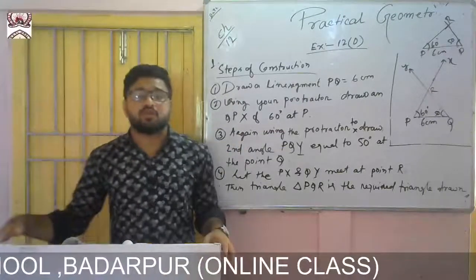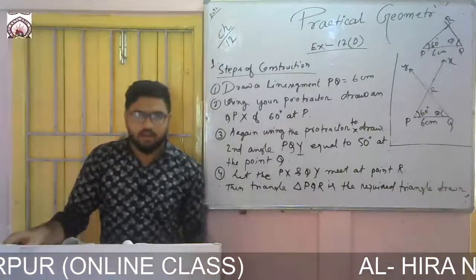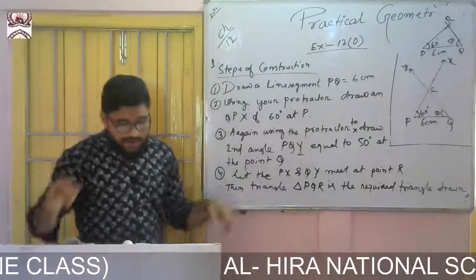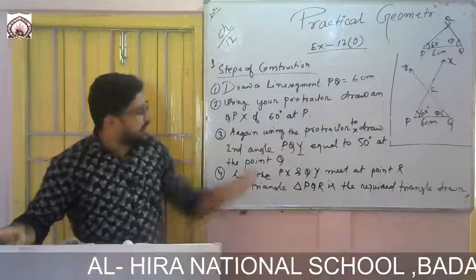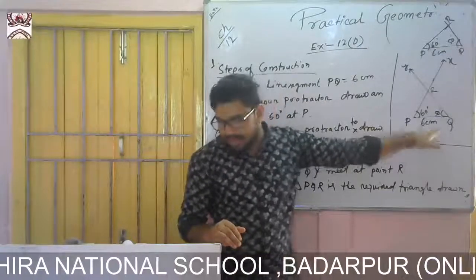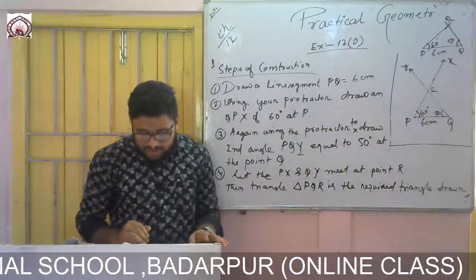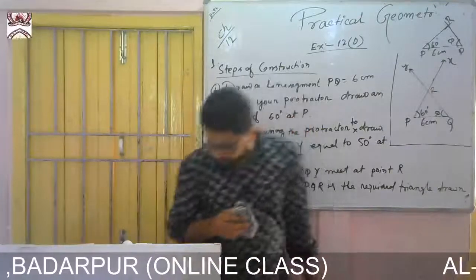We need to draw the perpendicular. We have already done how to draw a perpendicular. So up to this much we will do exactly alike. After that, from Y to XY I need to draw a perpendicular. Let me show.